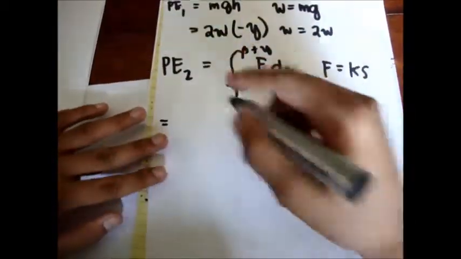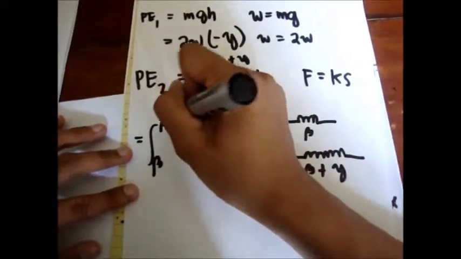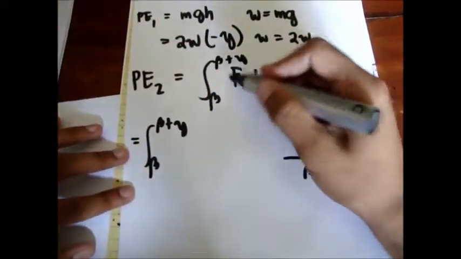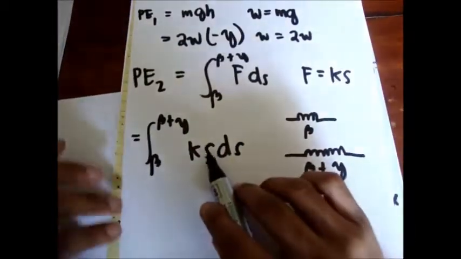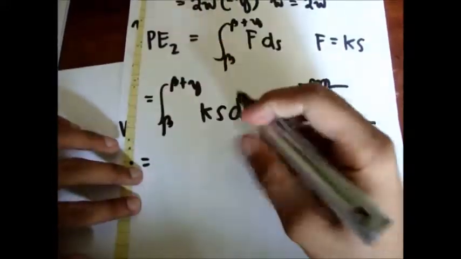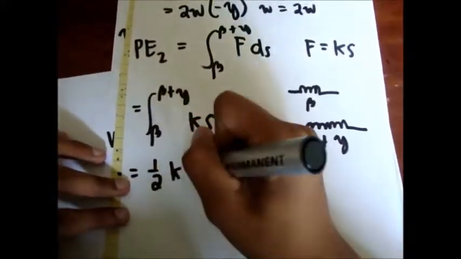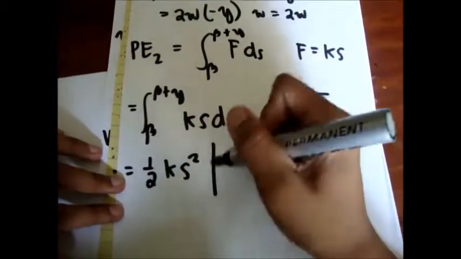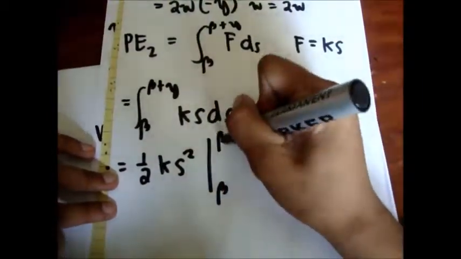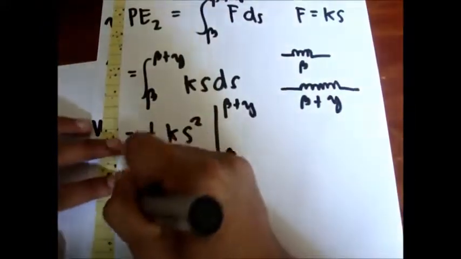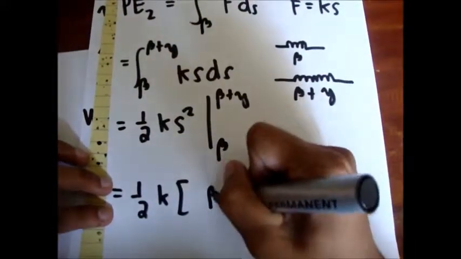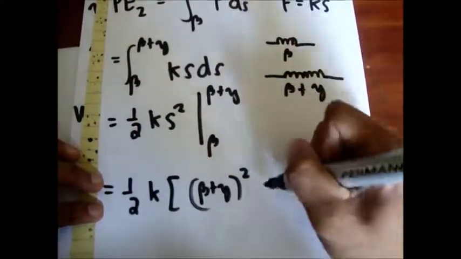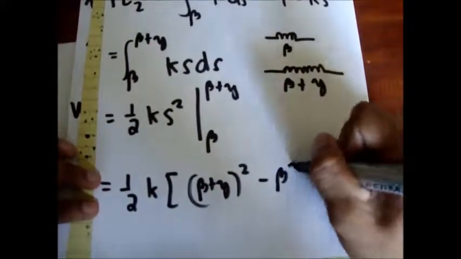So we will integrate this. The integral from beta to beta plus y of ks ds, integrating with respect to s, gives 1/2 k s squared evaluated from beta to beta plus y. So we get 1/2 k quantity (beta plus y) squared minus beta squared.